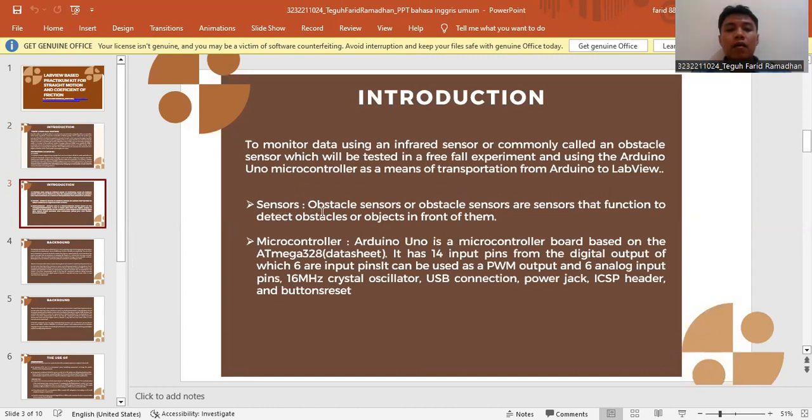Sensor: obstacle sensors are sensors that function to detect obstacles or objects in front of them.